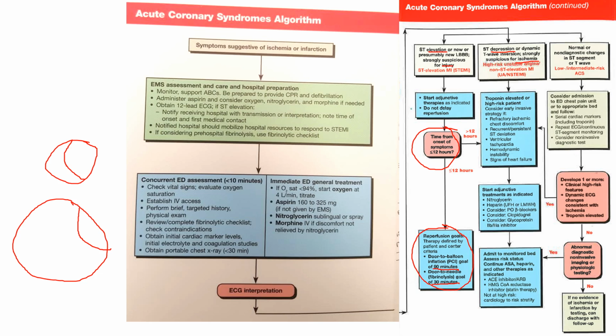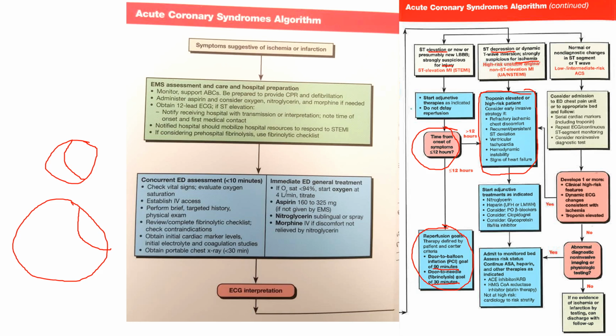So high-risk unstable angina, non-ST elevation myocardial infarction, or NSTEMI as you sometimes call these. You're going to find the troponin elevated or a high-risk patient. I didn't walk through this one, but it's the same thing you'd do if it was greater than 12 hours from the STEMI. So STEMI greater than 12 hours, or they had an NSTEMI, we want to do the troponin elevated high-risk patient.